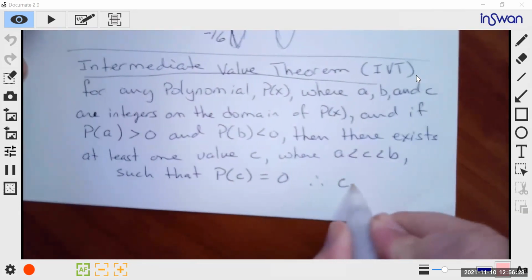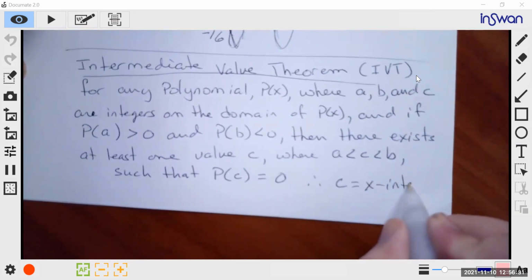In other words, C equals the x-intercept.